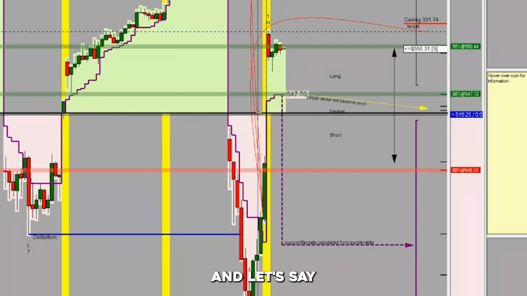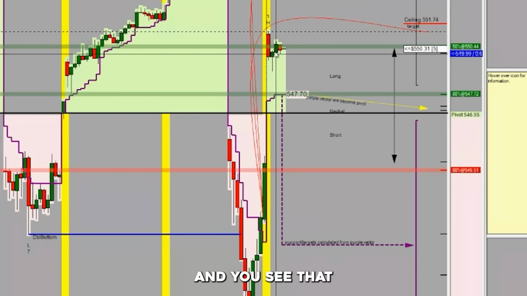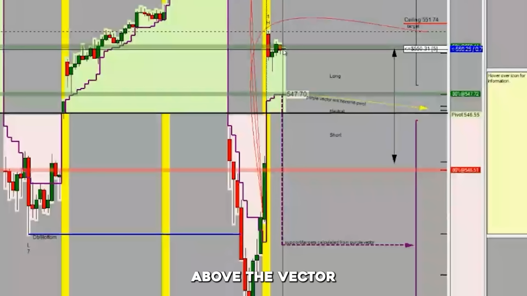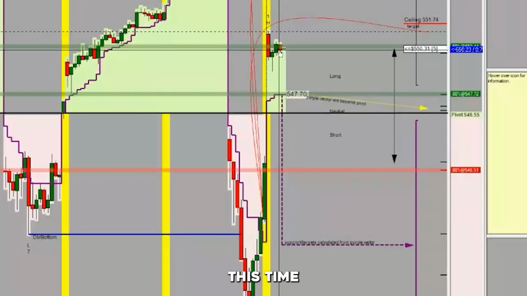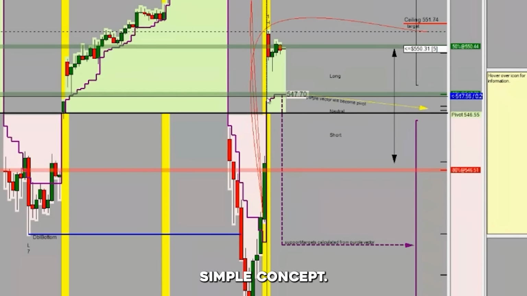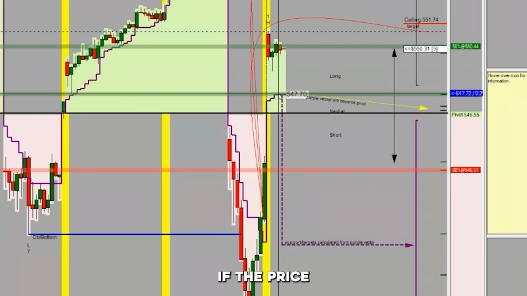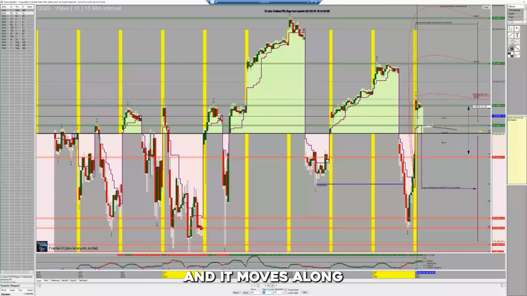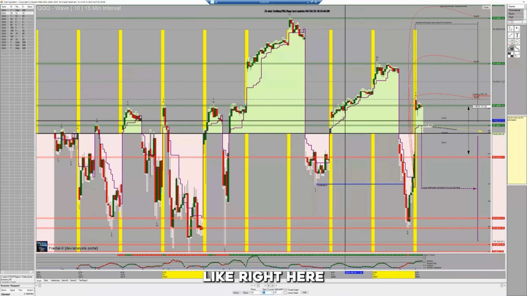Let's say you are trading and you see that the price is currently above the pivot, above the vector. That means the price is overall bullish according to this time frame. It's a simple concept about the vector too: if the price is above the vector, that is bullish, below the vector, that is bearish. The vector is a support and resistance level basically, and it moves along with price, like right here you can see.